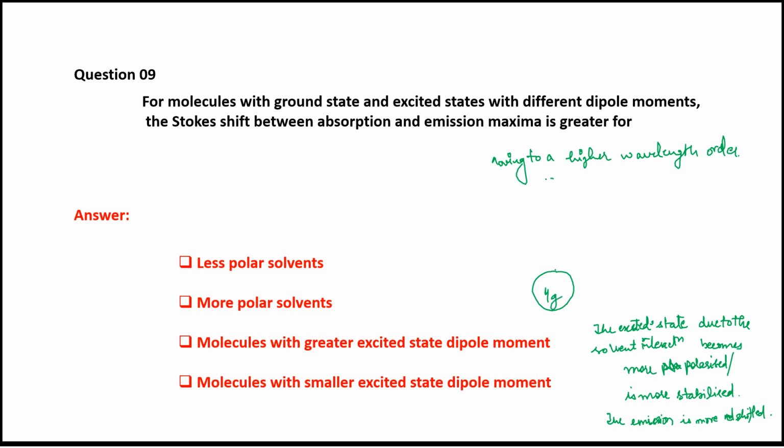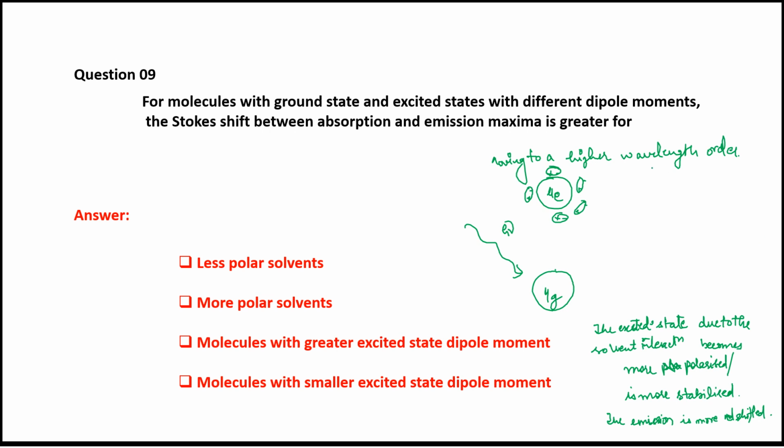By absorption of light, h nu, it reaches an excited state which has another dipole moment, mu e. Here we have also represented certain solvent molecules around it. These solvent molecules are dipoles, like this: plus, minus, plus, minus, plus, minus, plus, minus.